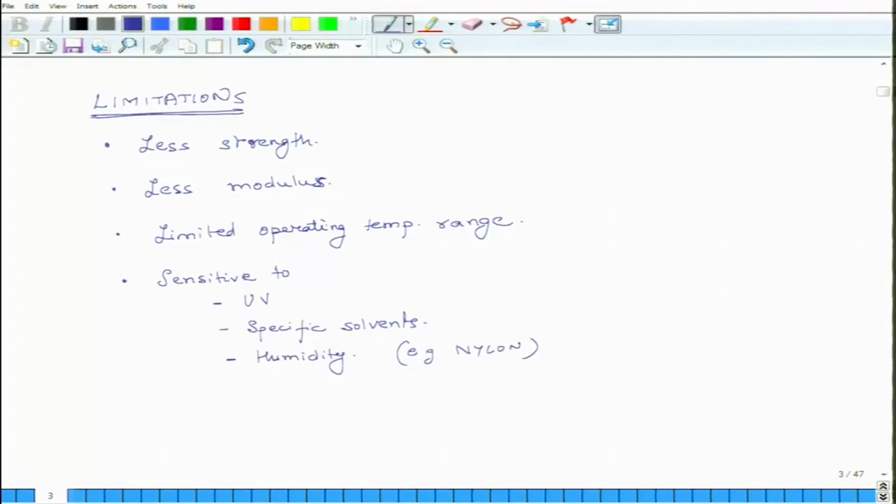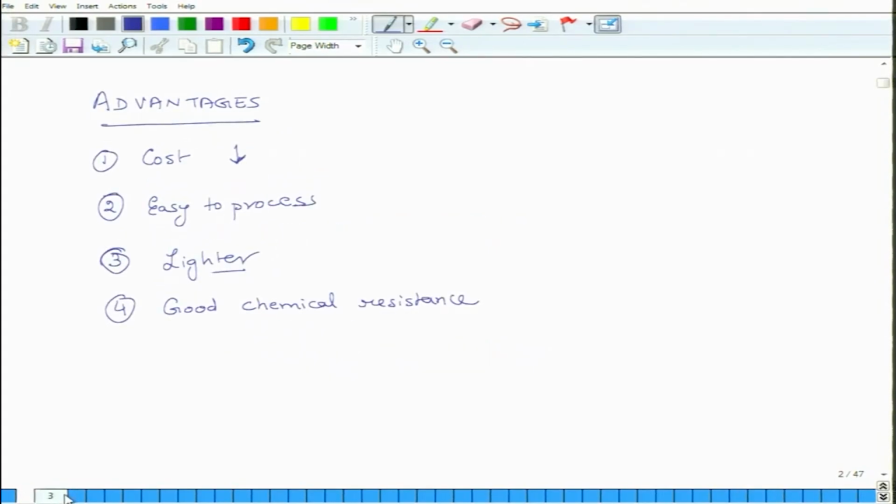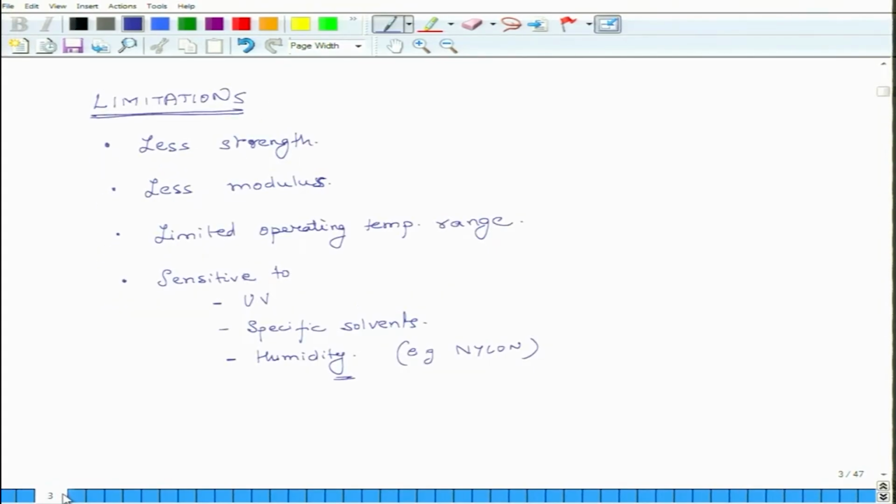So, this is another limitation, that some of these materials absorb significant amount of moisture, which causes deformation of the overall structure, bends and twists. So, these are the advantages and these are the limitations.